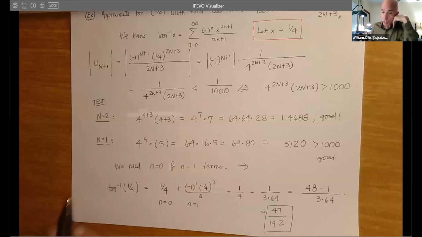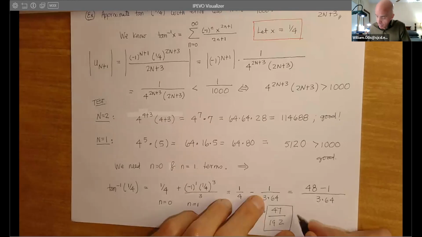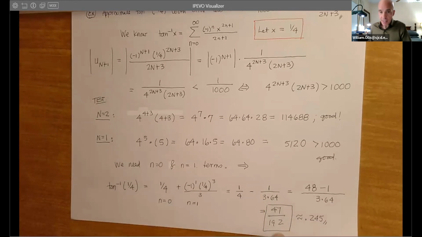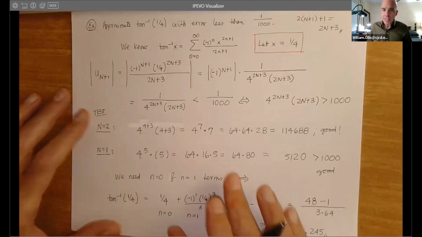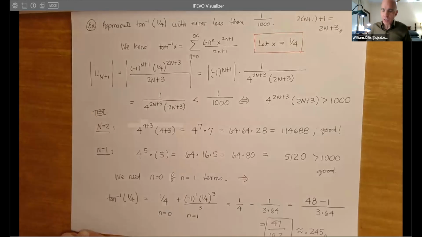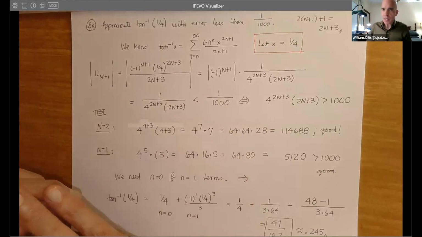And so now when you approximate this, I did use Google here to 3 decimals. This will be approximately 0.245. This is exact, and this will be my Google approximation. So all of this is the same as we've done before. It's just a little bit different setup where we focus on utilizing the first neglected term without having to do a lot of extra arithmetic.